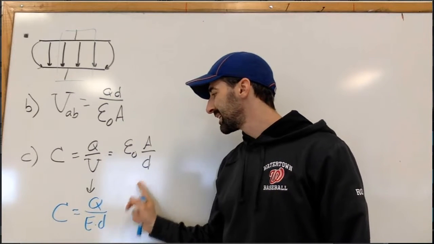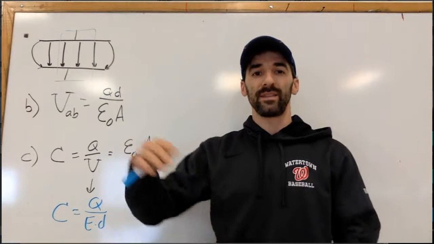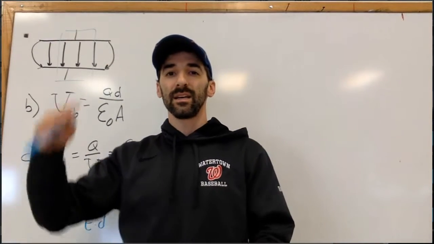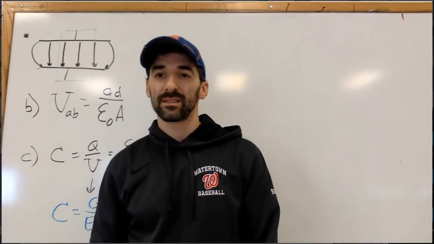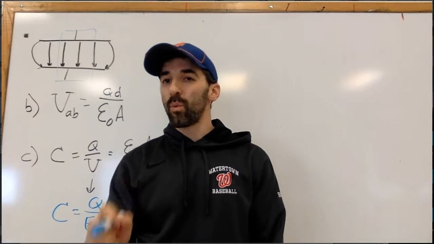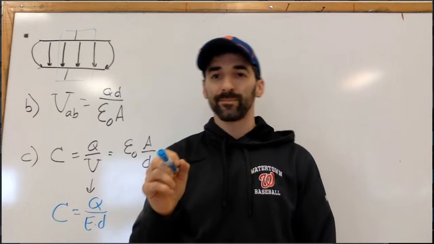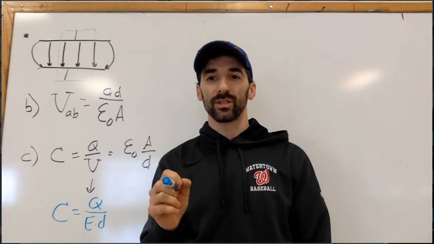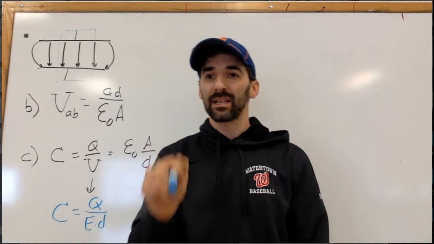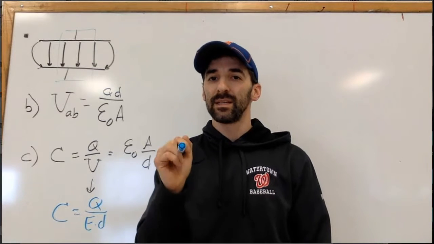If distance is increasing, my electric field has to decrease. I really want you to think about that. Essentially, my capacitance has to be larger because my expected electric field has to be smaller.